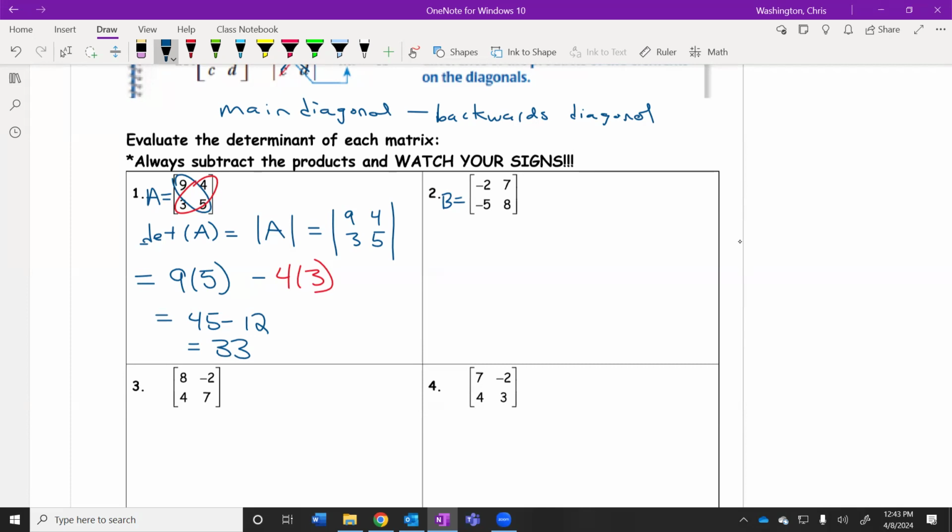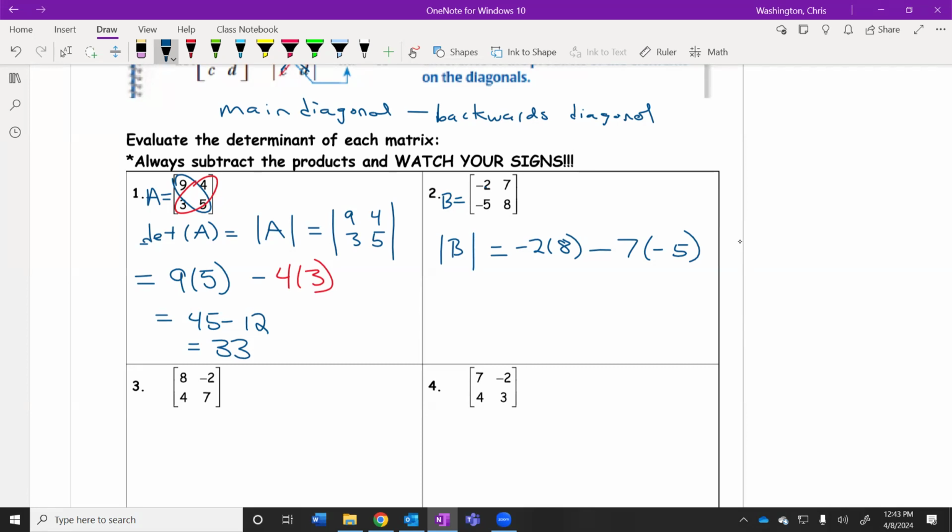So if this is matrix B, we want to find the determinant of matrix B, which is going to be the main diagonal, negative 2 times 8, minus the backwards diagonal, 7 times negative 5. Be really careful with your signs, especially when you're subtracting negative numbers, because that actually ends up being plus 35.